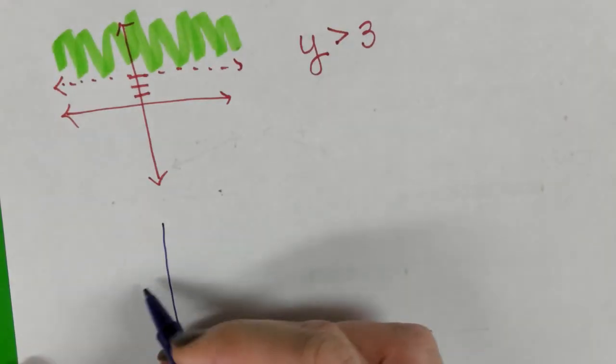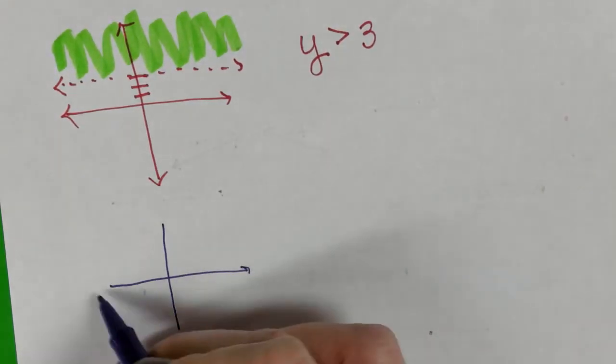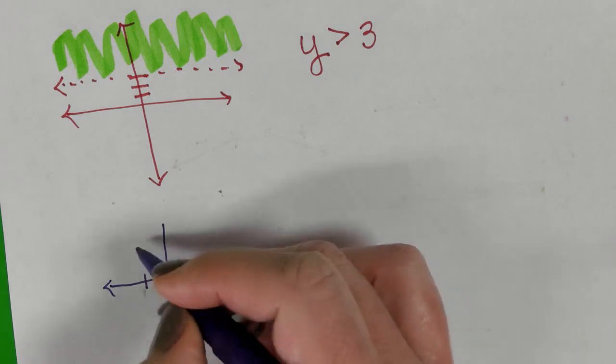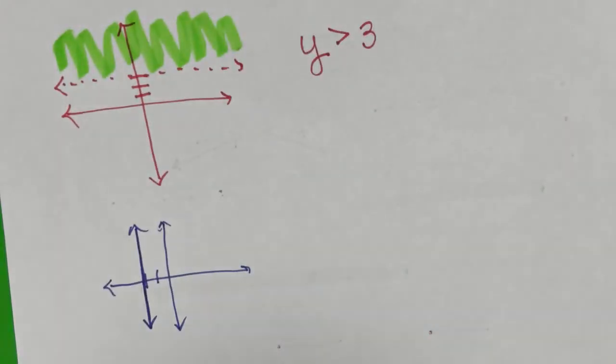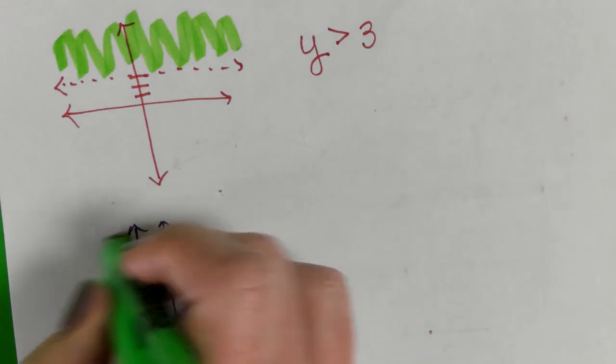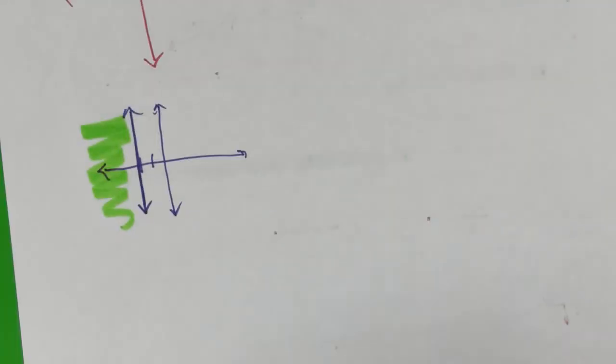Now, sometimes vertical lines trick people a little bit. Here's my vertical line. Hopefully you remember vertical lines are x lines.